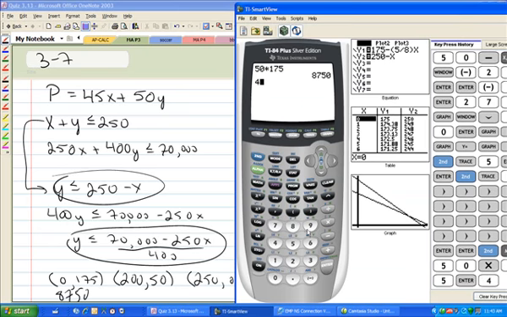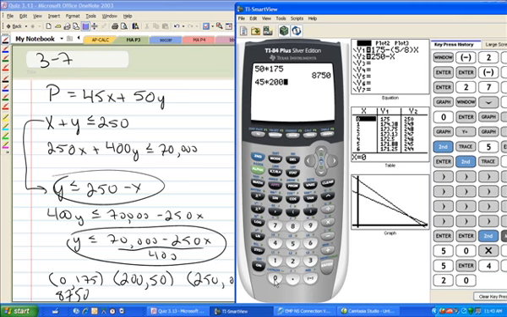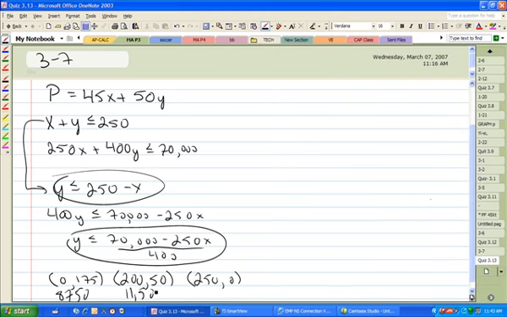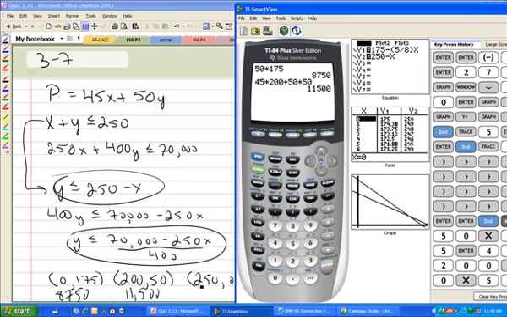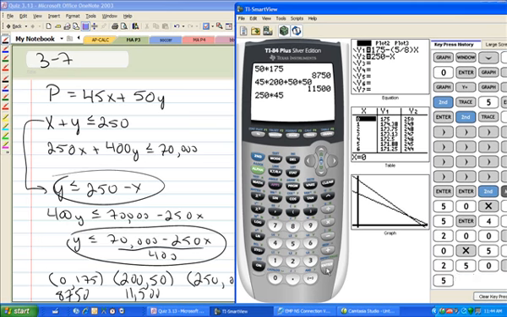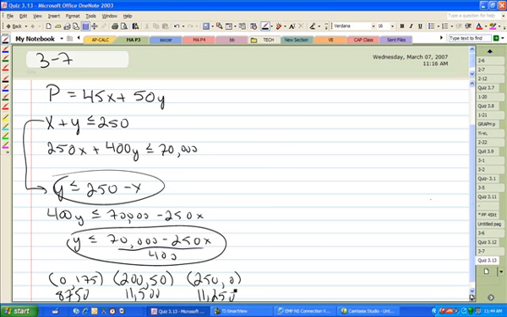This one would be 45 times 200 plus 50 times 50, or 11,500. And this one would be 250 times 45 plus 0. 250 times 45 is 11,250. So to maximize the profit, he needs to make 200 of the first product and 50 of the second product.